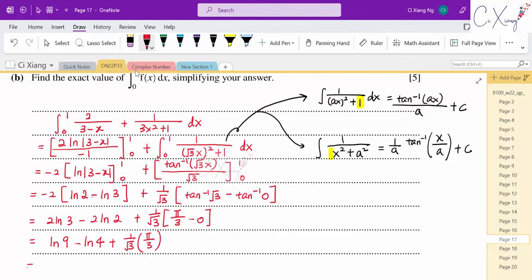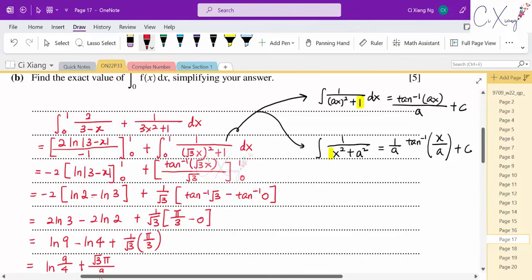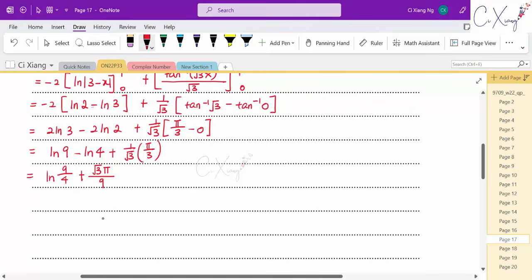Then you can have ln 9 over 4, then plus, try to rationalize that if you want. So 1 over square root 3 can be written as square root 3 over 3. Eventually, you will see that you might have square root 3 pi over 9. So this is one way that you can rephrase your answer.